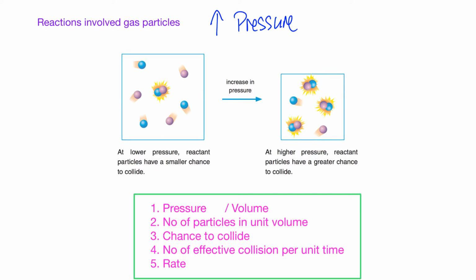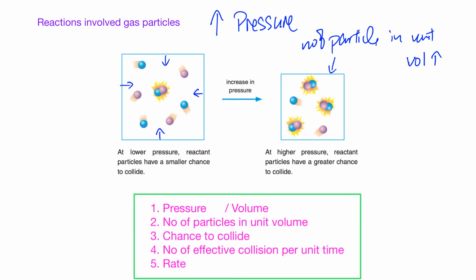The four walls move towards each other, so we have a smaller volume. With a smaller volume, the pressure will then increase. So in the process, we'll find that the number of particles in unit volume will increase. So this is more or less like increasing the concentration.